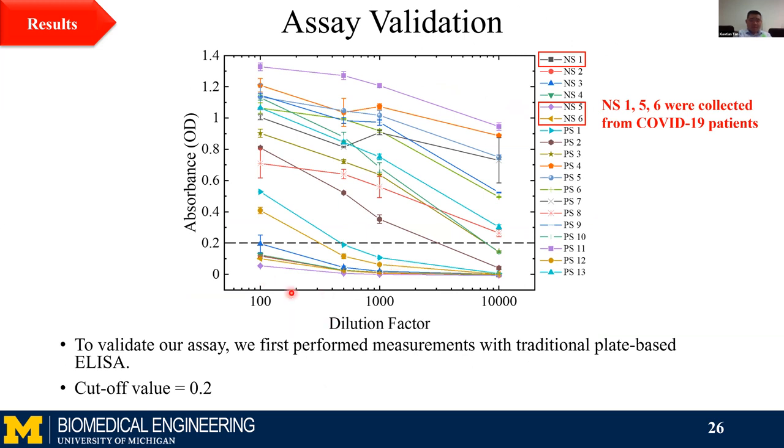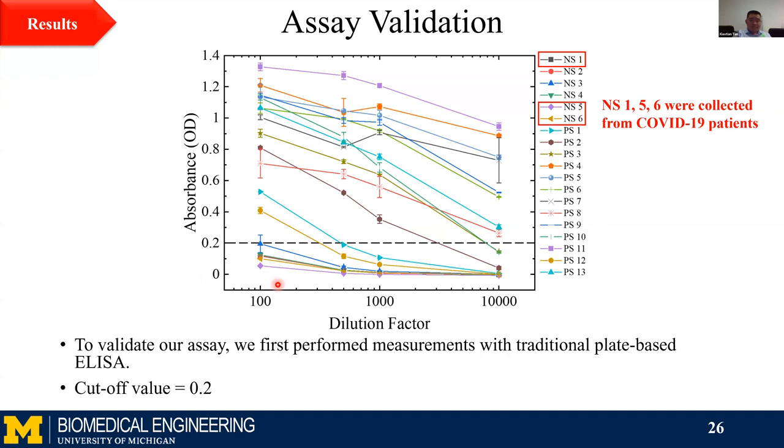The cutoff value was selected to be 0.2 as the optical density. So at 100 times dilution, if the measurement result is below 0.2, the samples were classified as negative samples. However, 3 samples from COVID-19 patients were identified as negative samples with this plate-based ELISA.